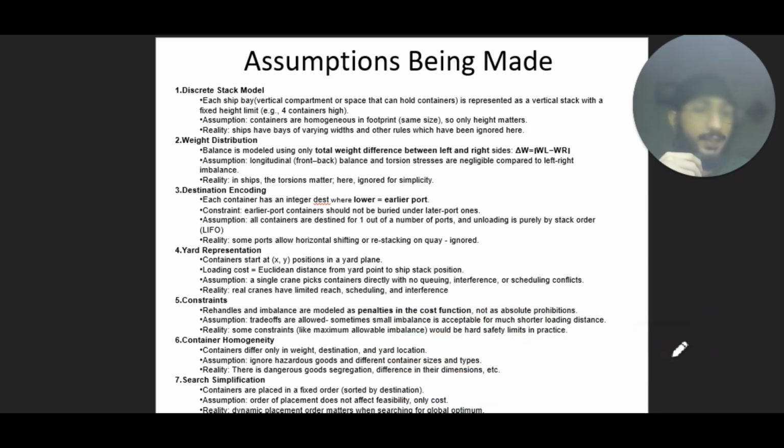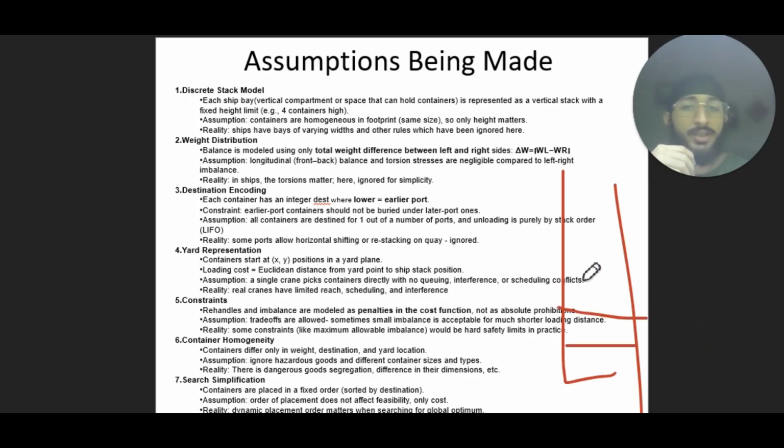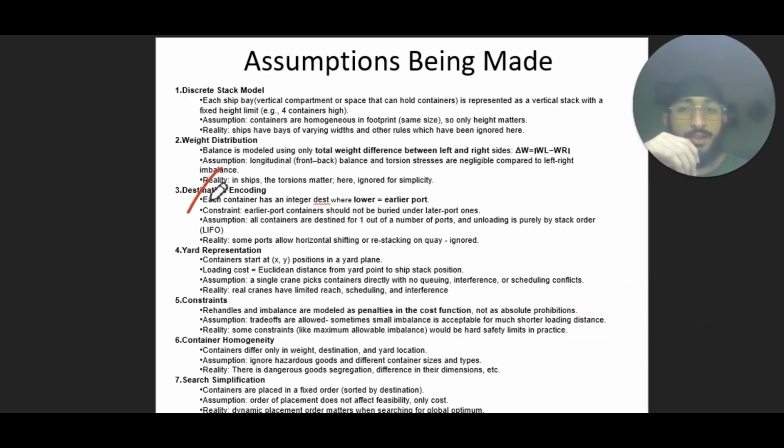If we remove, let us say, any of the containers from between, the containers above would be stabilized by the left and right containers of a particular container, right? So even if I remove this, since this is being balanced, this can easily be removed without popping the container above this one out, right? So we have assumed that we can only have a vertical stack with all the dimensions equal. That is why we are using this destination encoding assumption.